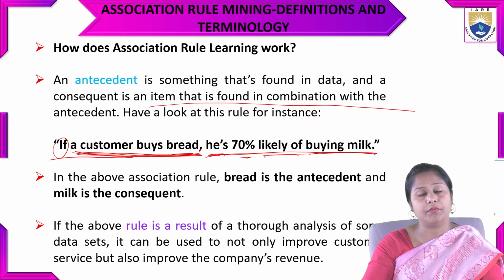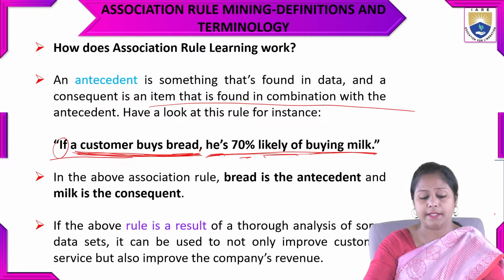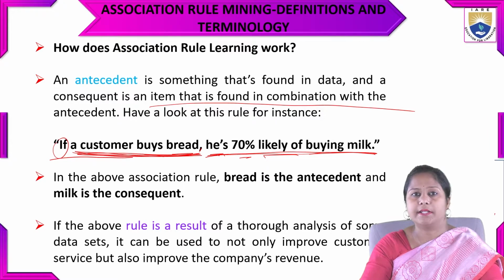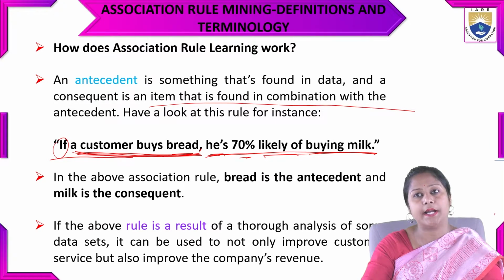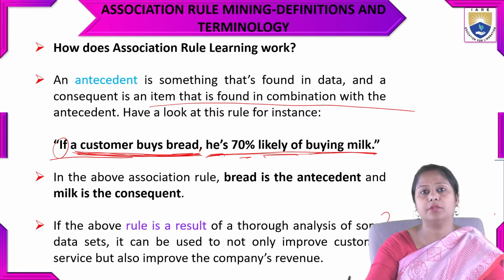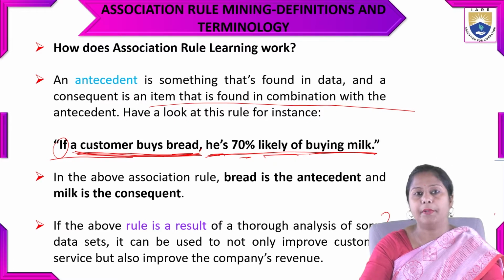So the rule we have seen in this example is the result of a thorough analysis of some data set. It can be used not only to improve customer service, but it is also going to improve the company's revenue and finances.